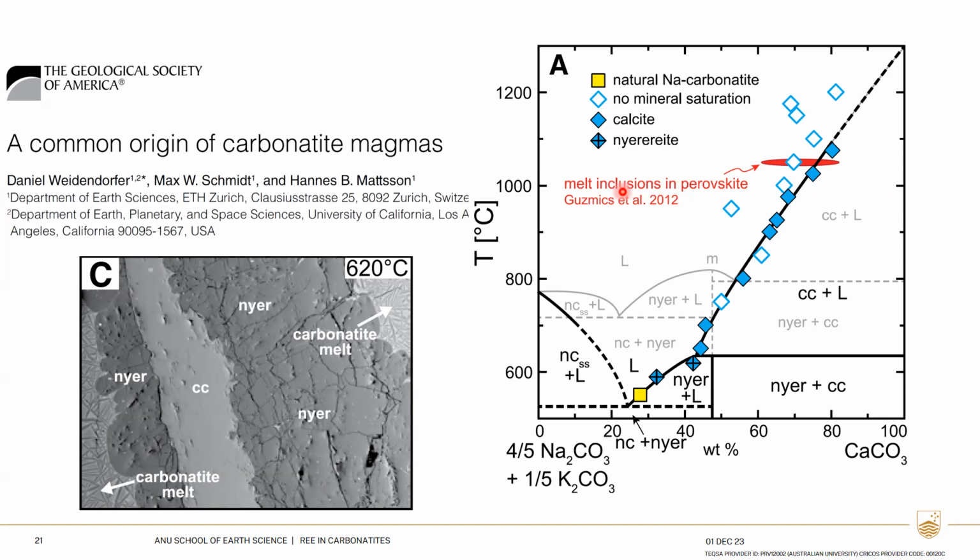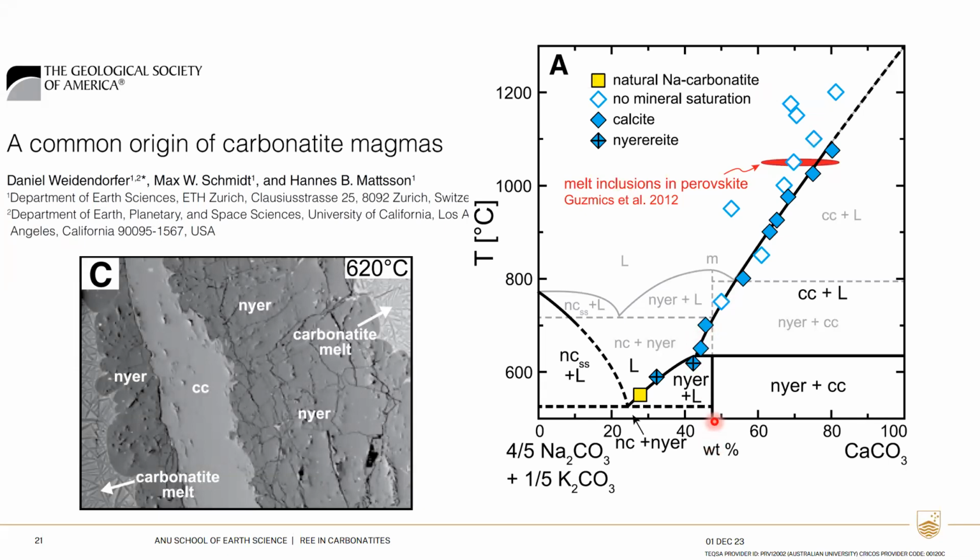What they did was take the composition of melt inclusions that are found in high temperature carbonatites, and try to make a phase diagram out of that based on a natural-like composition. They did a bunch of experiments, and they showed that you can fractionate a carbonatite if you start here and you crystallize calcite, and even more calcite, and calcite all the way down.